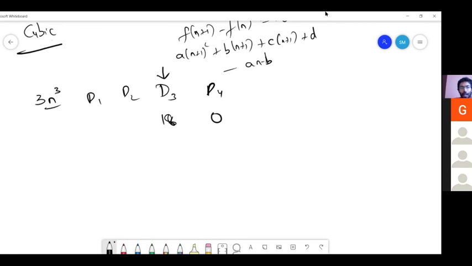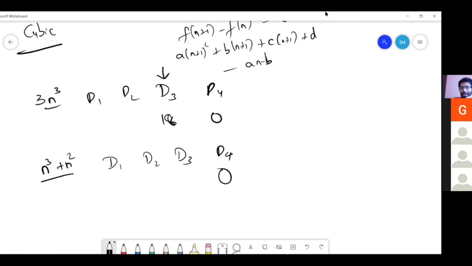Now suppose the starting sequence is n cube plus n squared. How many stages will it go? D1, D2. When will it reach the constant? When will it reach 0? D4 is 0, D3 is constant. So what would be the constant term here? 6 only.